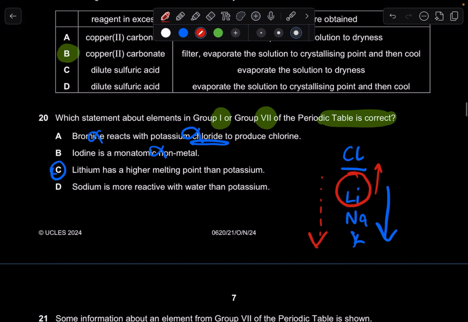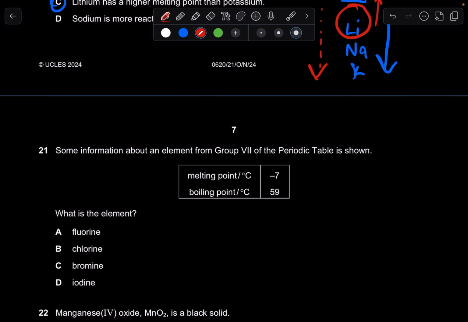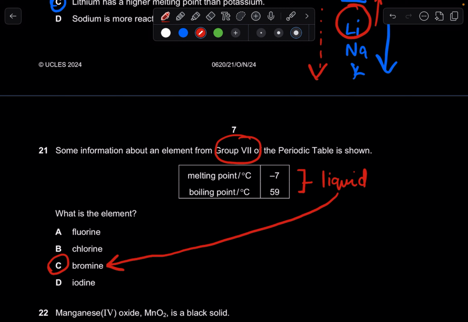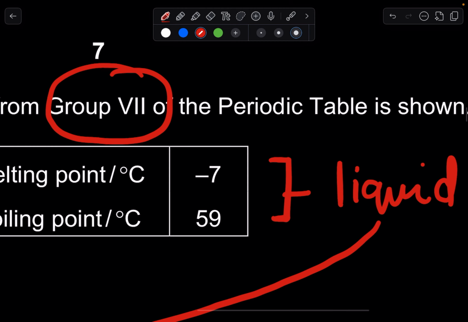Okay, some information about elements in group 7 of the periodic table is shown. This is obviously bromine. This is so easy. Why? Because look, this substance is a liquid at room temperature, and only bromine is a liquid at room temperature. Room temperature, for instance, is 20 or 30, whatever it is.